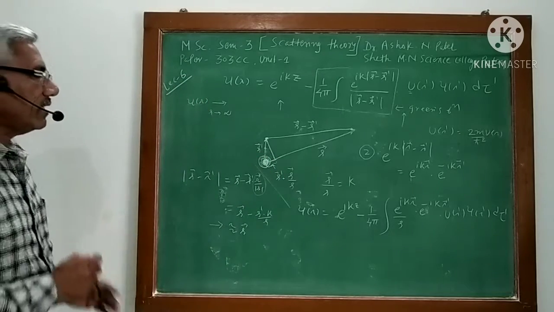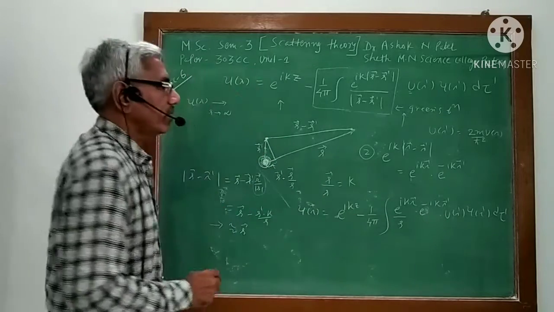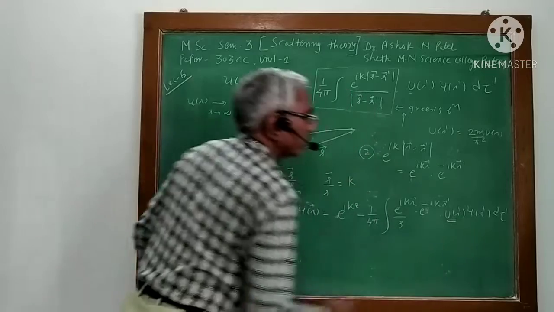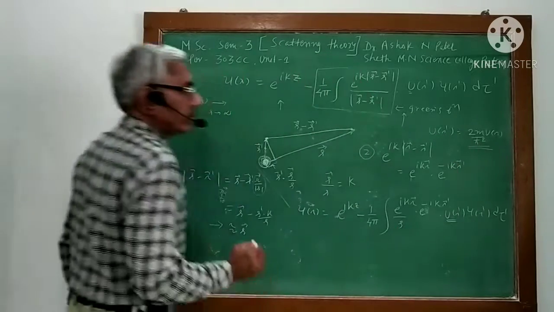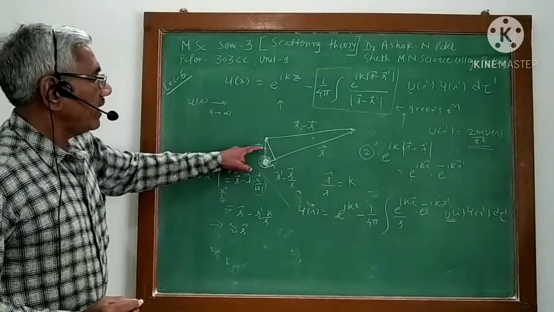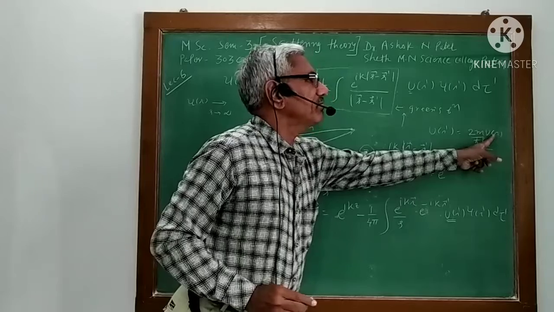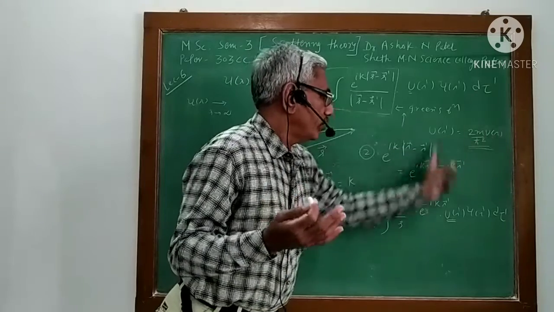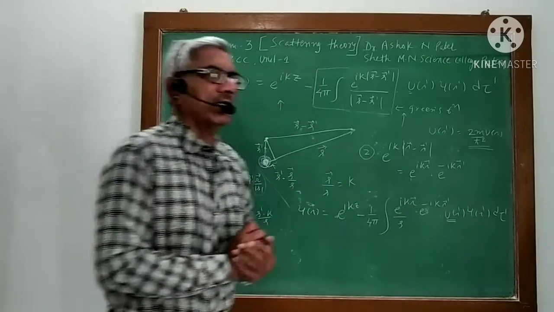So in this term, for this u(r'), if r dash is large, then potential will be very small. So it will not be effective in the integration part.